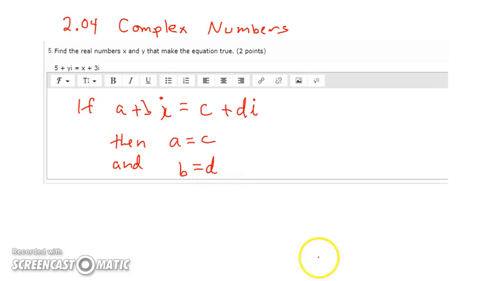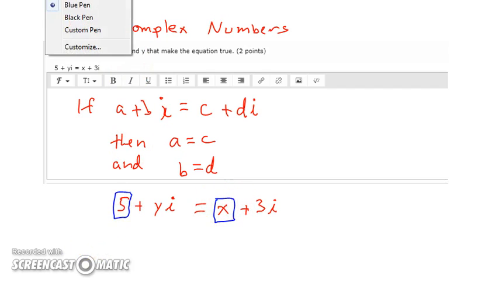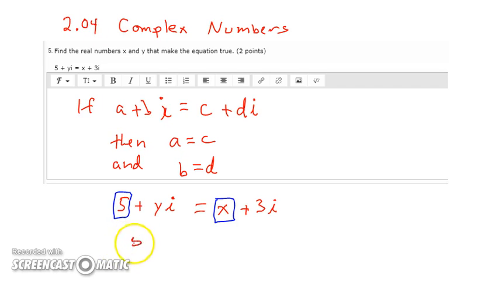So when we take a look at 5 plus yi equaling x plus 3i, we can see that the real components are this and this. And so we could say 5 equals x.